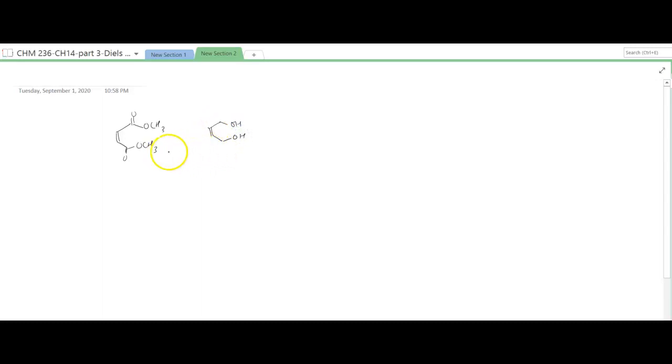Okay, so out of these two, which one will be more reactive? Remember that electron withdrawing groups like carbonyl groups or functional groups containing carbonyl group are electron withdrawing, and they make the dienophile more reactive. So this compound will be more reactive than this one.